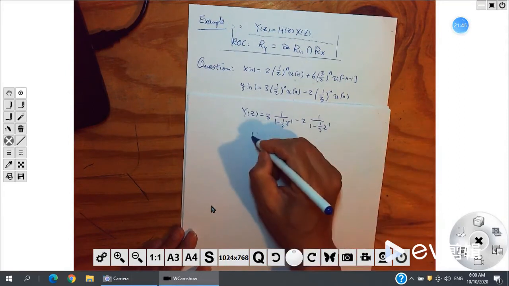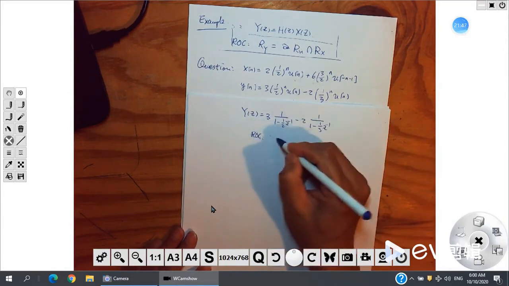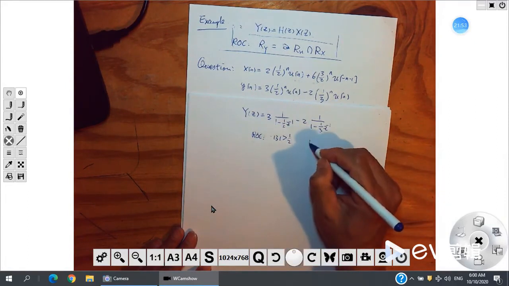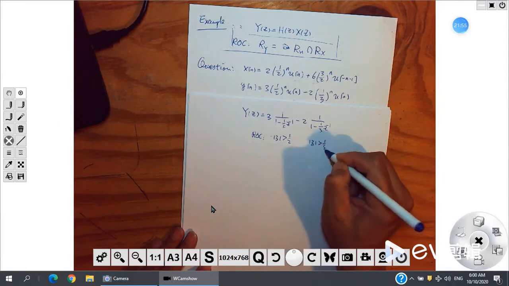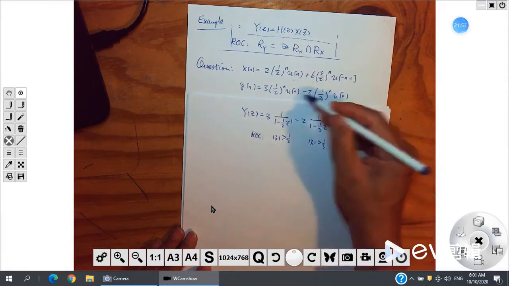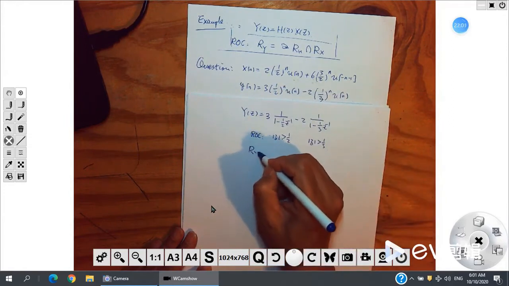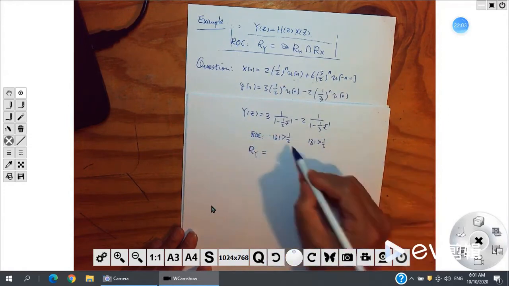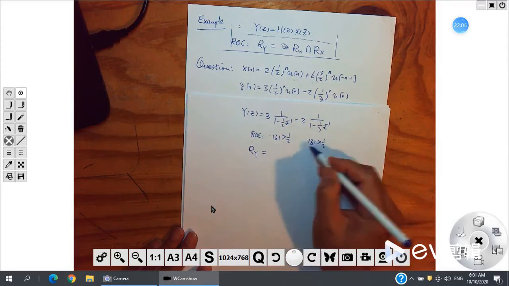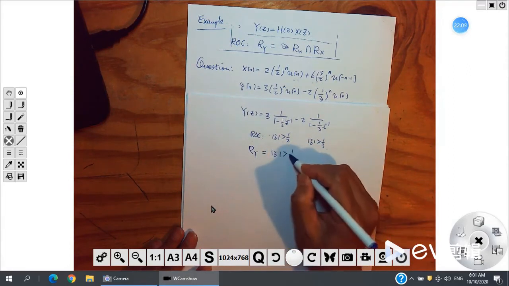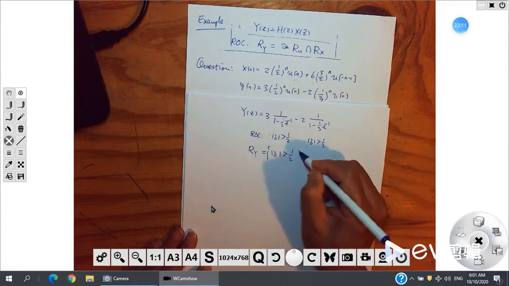And RC, the first one is z larger than 1/2. Second is z larger than 1/3, right? You check here, 1/2, 1/3. And then the RC of Y will be the common area of these two, so it will be z larger than 1/2, right?